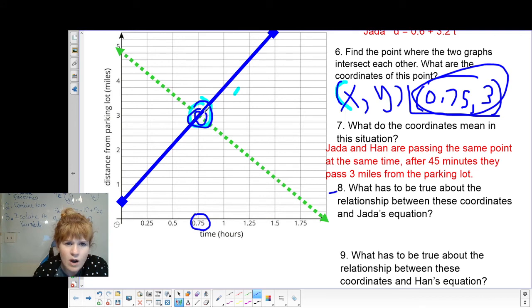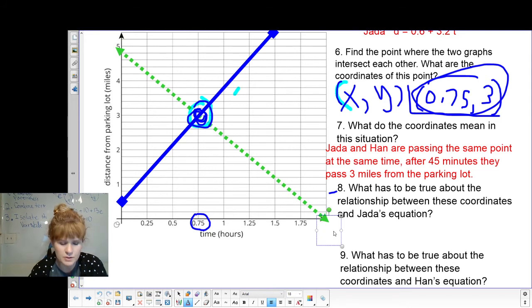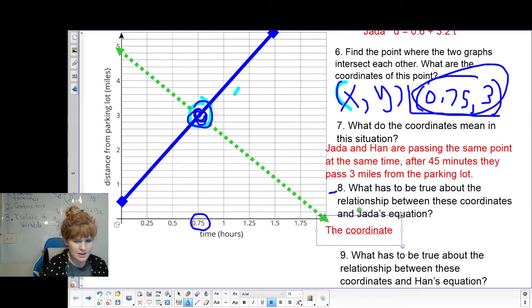These coordinates are a point on Jada's line. It means they are a solution to Jada's line. It's easier than you think, right? The answer is simple. The coordinates are a solution to the point on Jada's line.